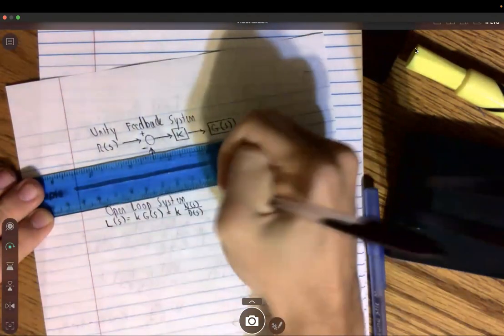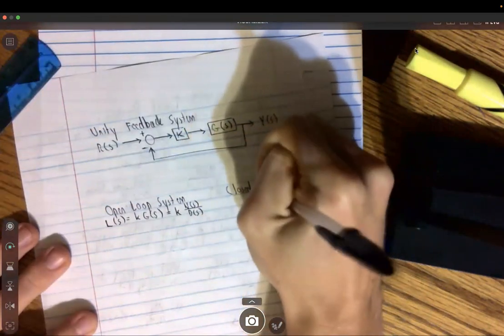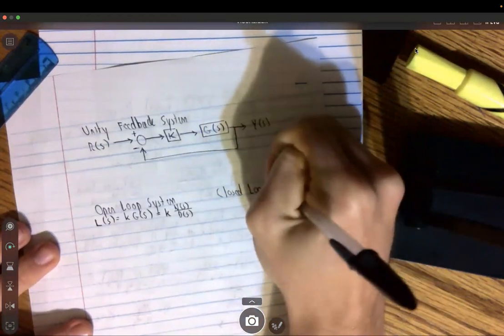And for our closed loop system, now we have that feedback, which closes the loop.